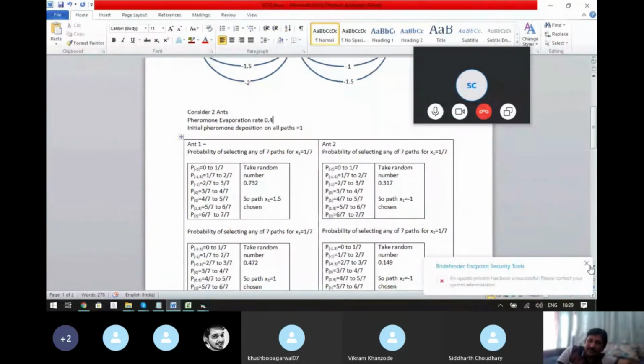Again here we will fire another random number. We fired 0.472, and it falls in this range.